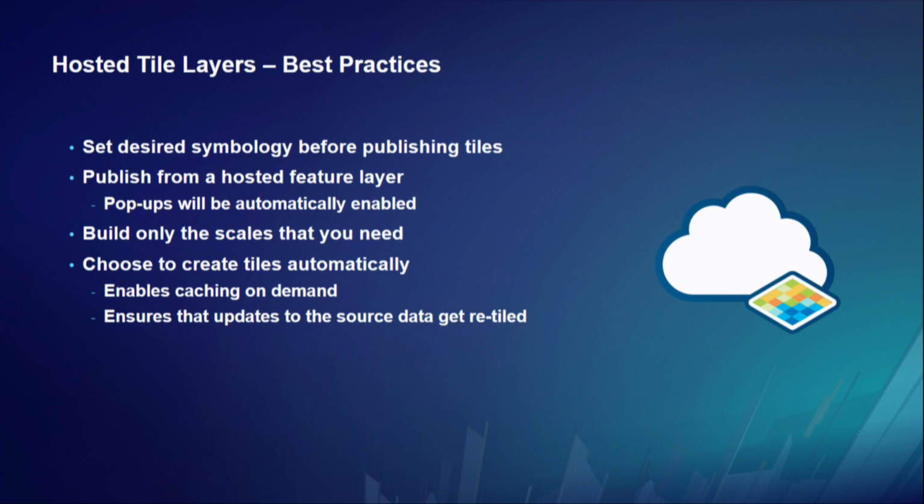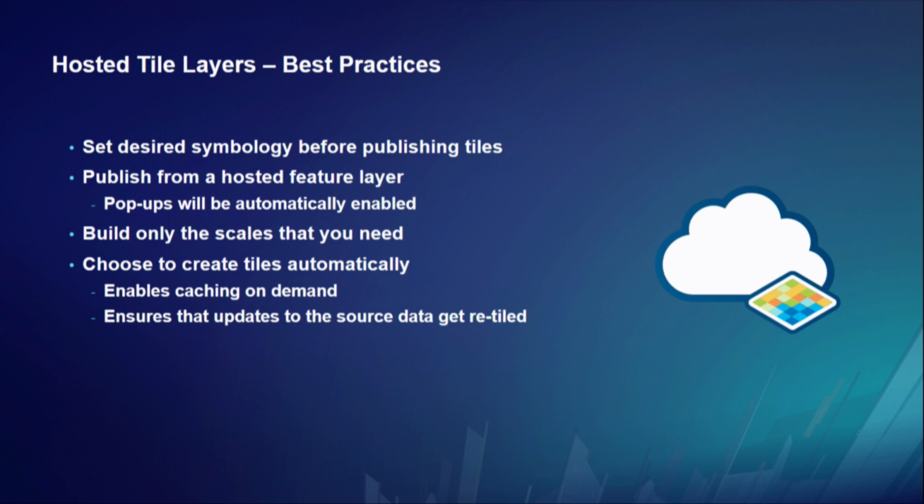And then when you publish from a hosted feature layer, you can also create tiles automatically, which basically enables caching on demand. If you ever did any caching in the old mode of setting up a map in ArcMap, and then you'd publish to your server and cache it, you could turn on caching on demand, which basically means only start building tiles when a user requests the extent of that area.